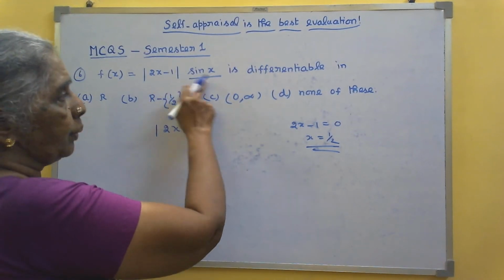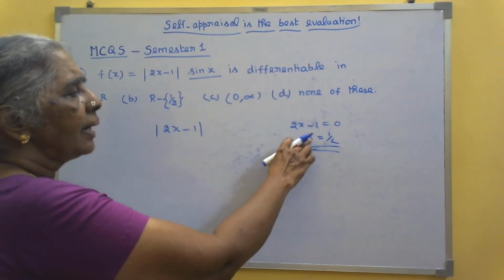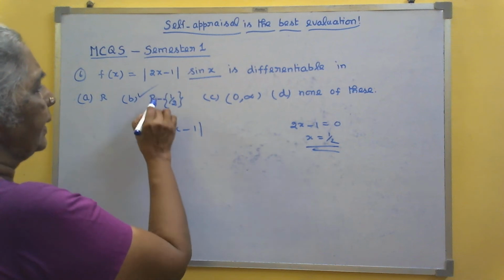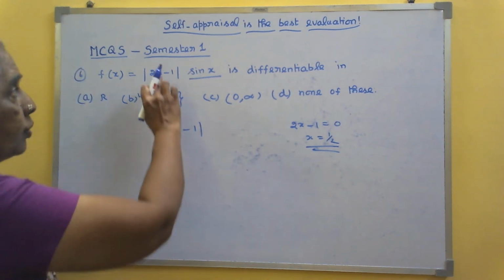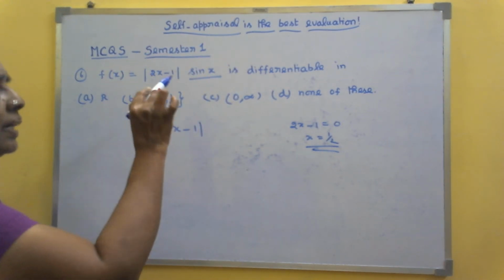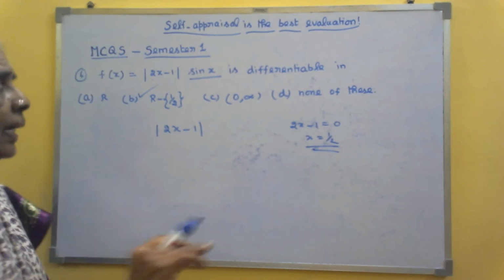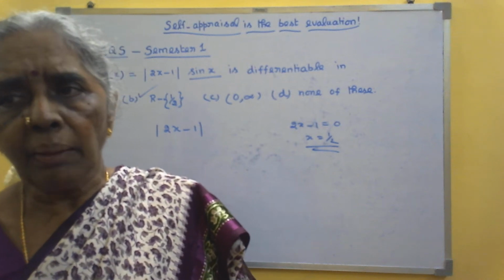Then the product when you consider, that will be differentiable in all the points except x is equal to half. So the option B, which is R minus half, that is your correct answer. You have to check both. This is differentiable everywhere. This mod function is differentiable at all points except x is equal to half. So the answer is R minus half. Is it okay?